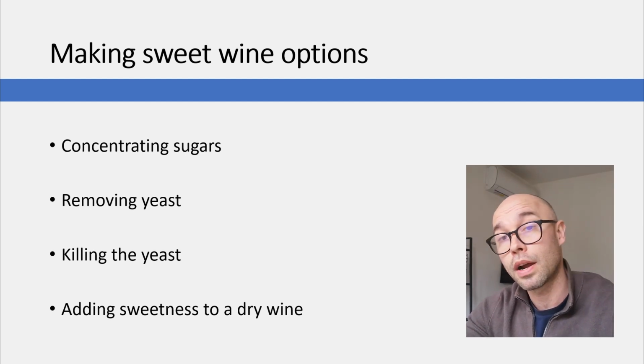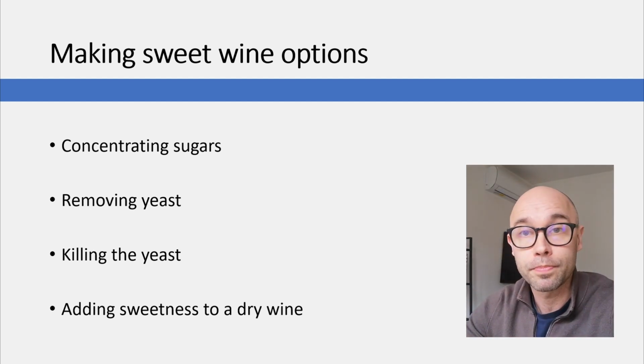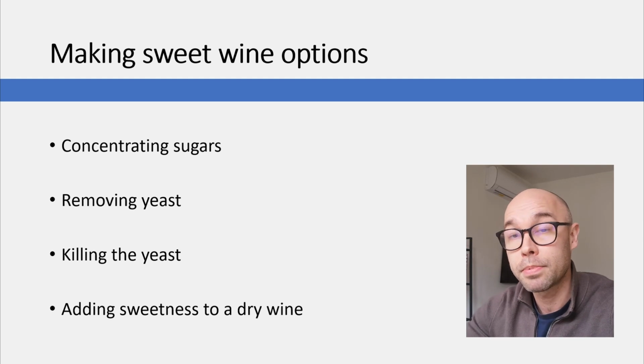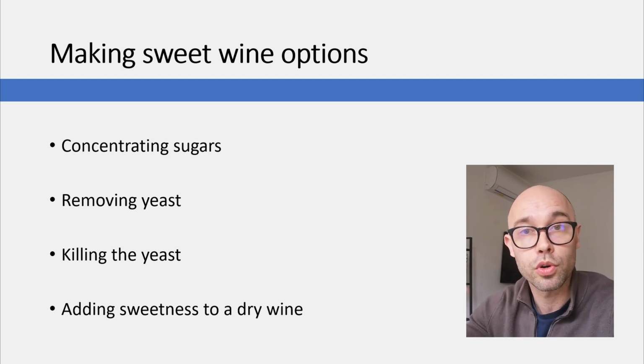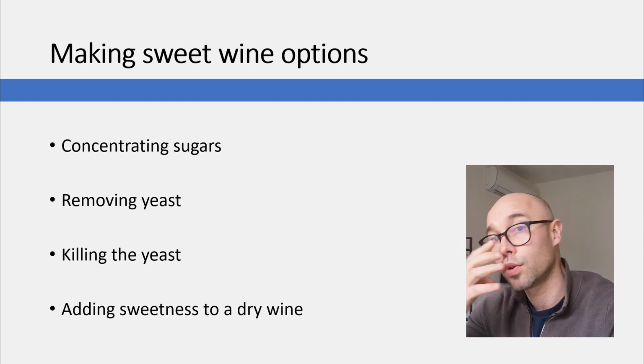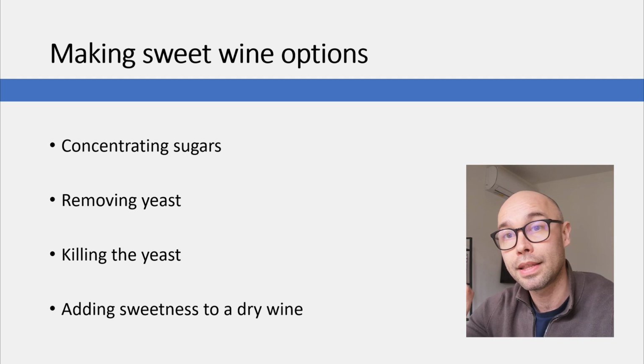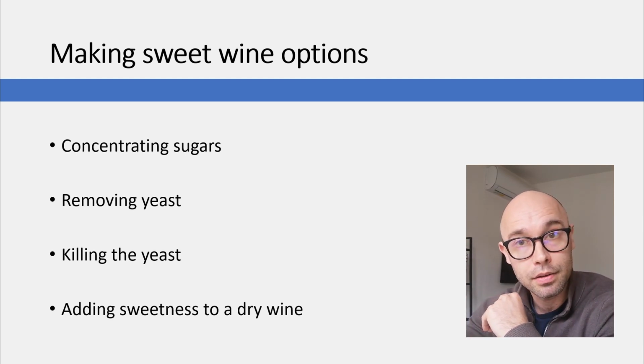Either in the vineyard or after the grapes are picked. So a way to concentrate the grapes is to leave the grapes to ripen on the vine for a longer period of time, so they will accumulate more sugar inside the grape. You can actually pick the grapes and leave them to dry.